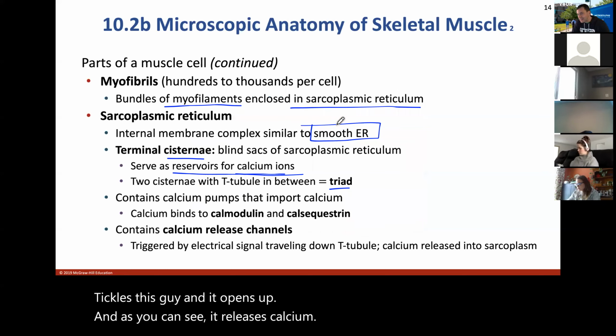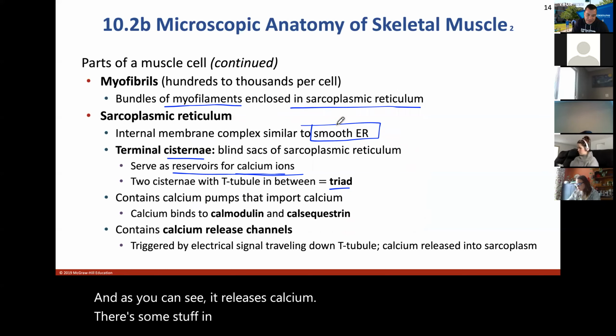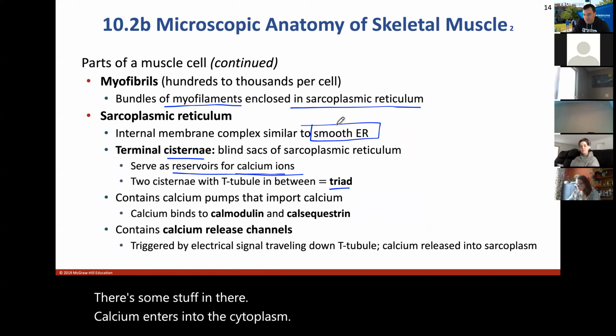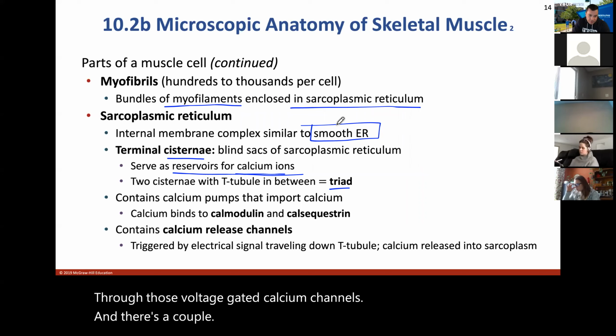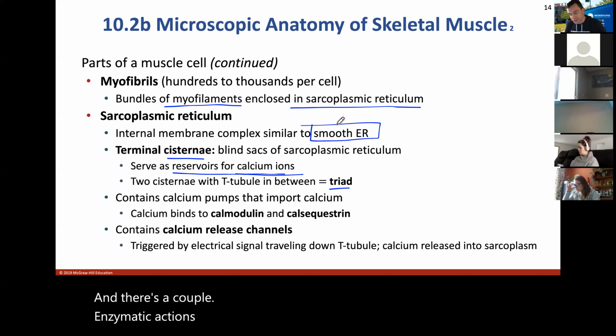Oh, there's some stuff in there. Calcium enters into the cytoplasm through those voltage-gated calcium channels. And there's a couple of enzymatic actions through calmodulin and calsequestrin.